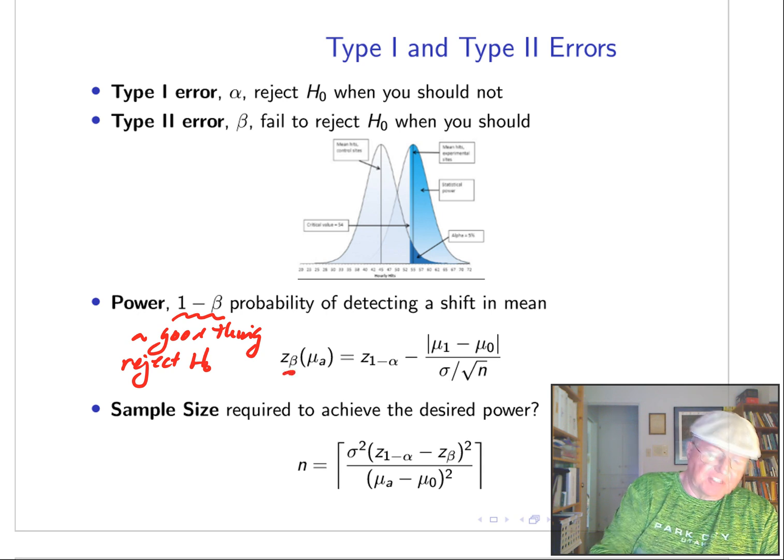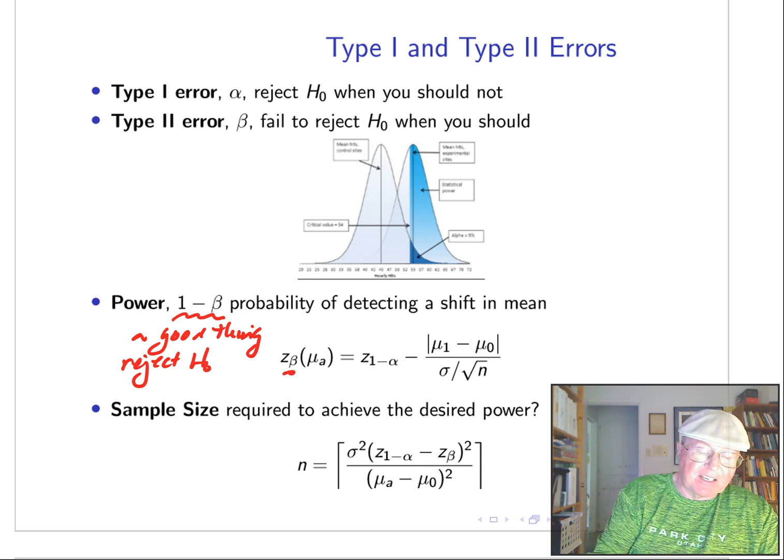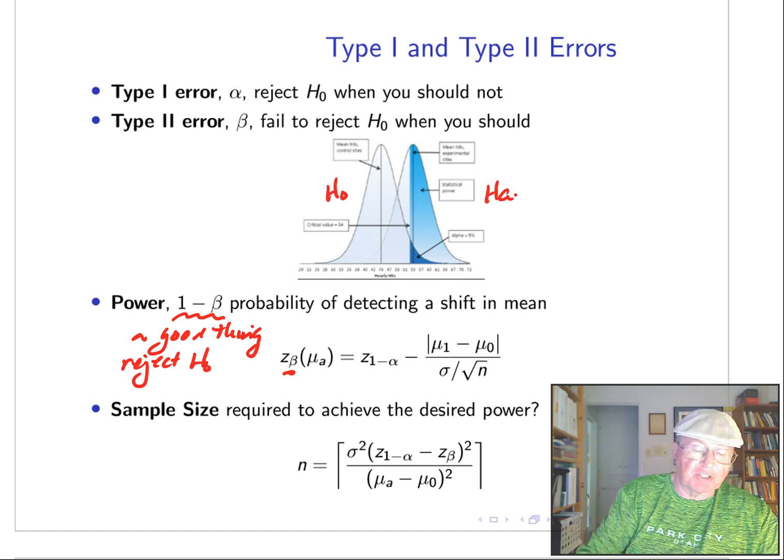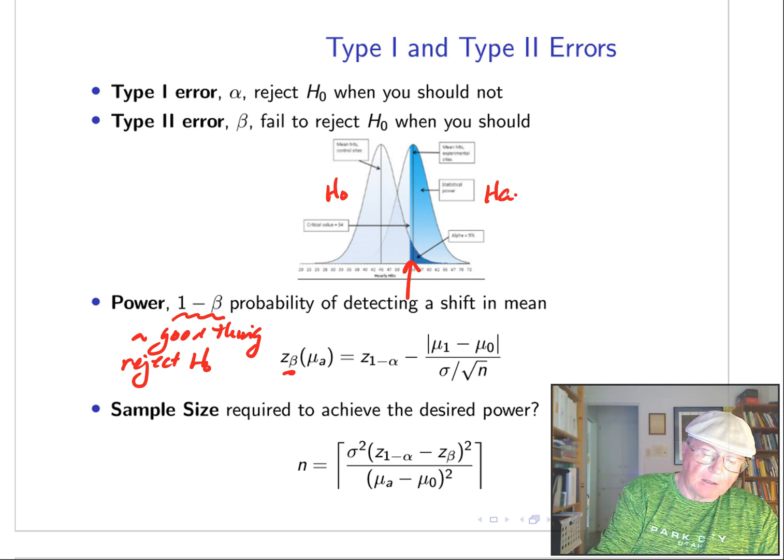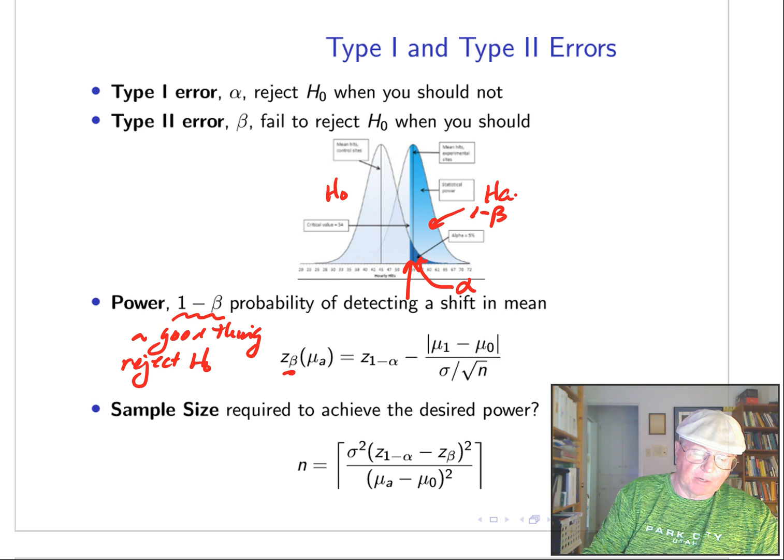We can calculate beta, actually the z-score for the beta, by taking a close look at this diagram that shows the relationship between the null hypothesis, the research hypothesis, the critical value, alpha, this dark blue area, and power, this pale blue area.